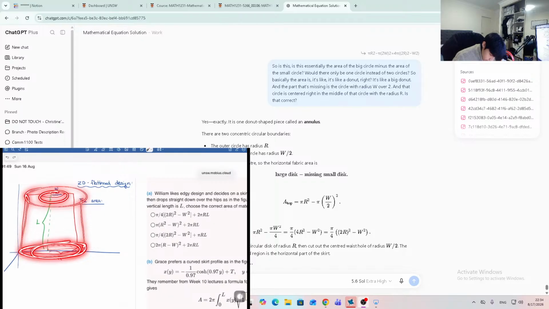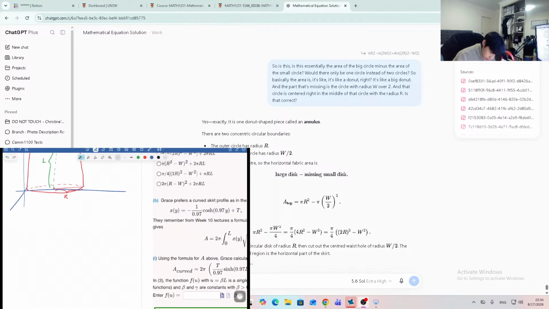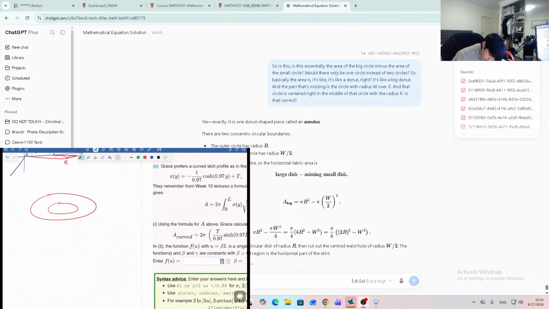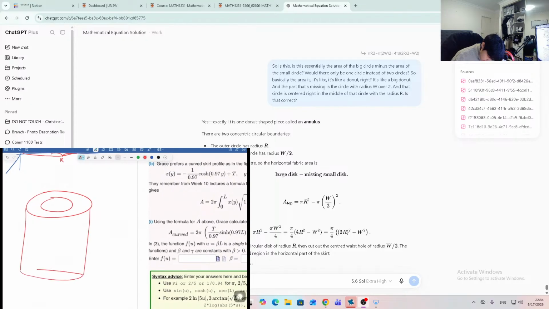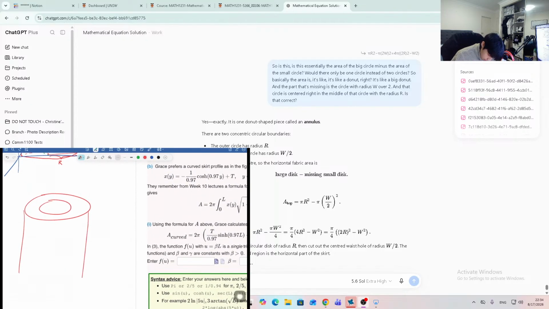This size here, that's R. I should just draw it like that. So this is whole waist part, right?